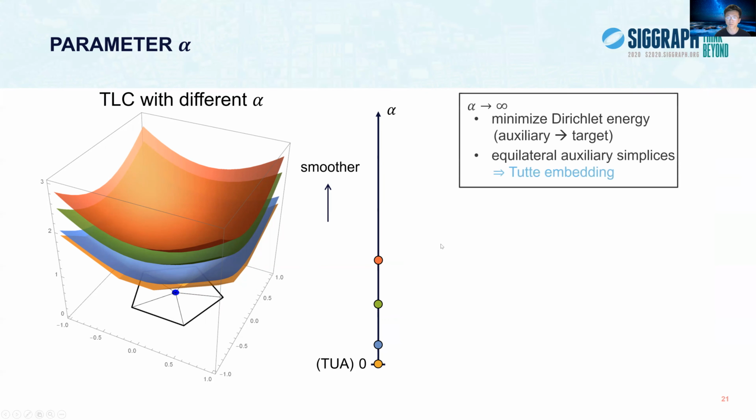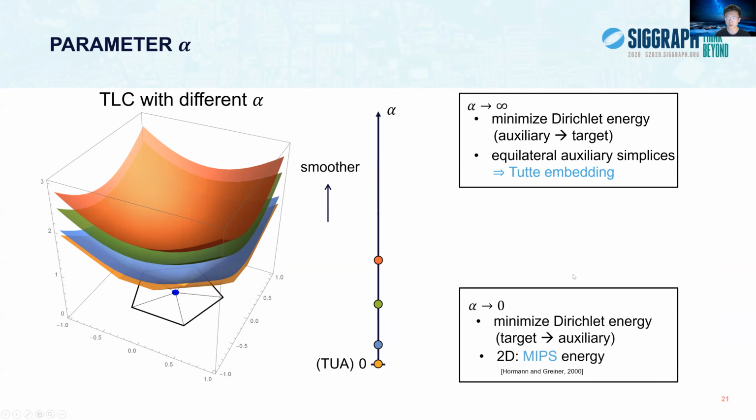In fact, when alpha goes to infinity, we proved in the paper that the minimizer of TLC energy also minimizes the Dirichlet energy from the auxiliary simplices to the target simplices. In particular, since we are using equilateral auxiliary simplices, this means TLC, when alpha goes to infinity, will give you a taut embedding as a result.